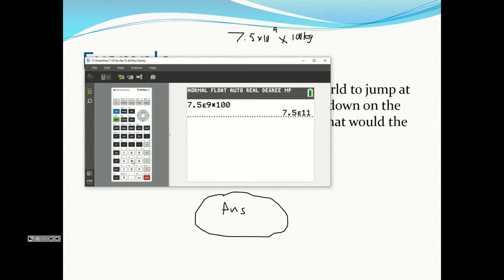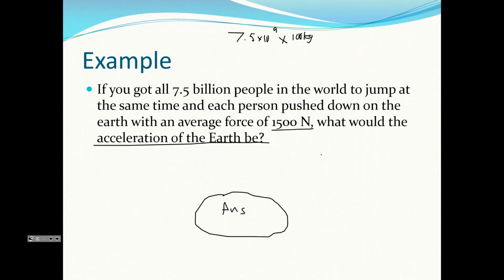The mass of the Earth is 5.97 times 10 to the 24 kilograms. If I divide it by the mass of all the people on Earth, that's how much bigger the mass of the Earth is compared to all the people. So the answer is no.